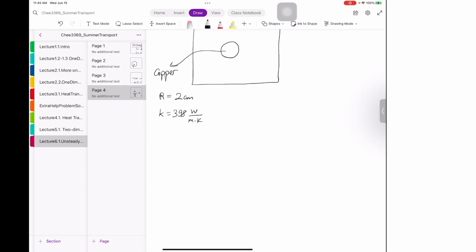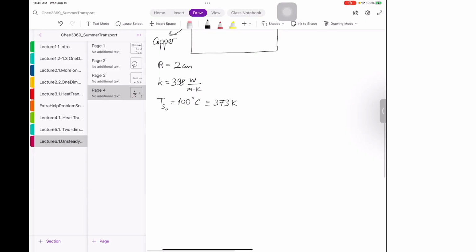And the initial temperature of the copper is given as, for example, it's so hot it's 100 degrees centigrade, or in other words, roughly 373 Kelvin.